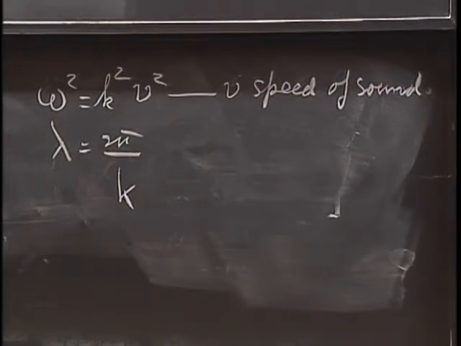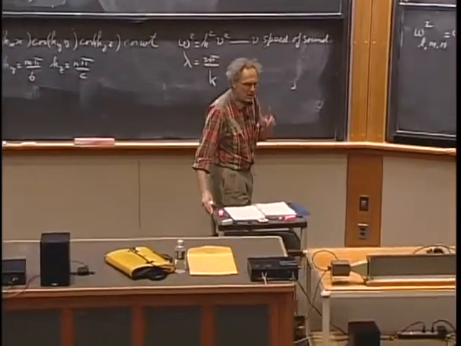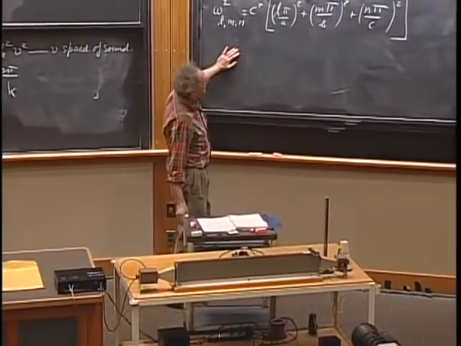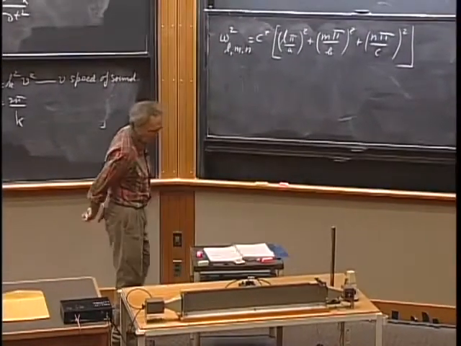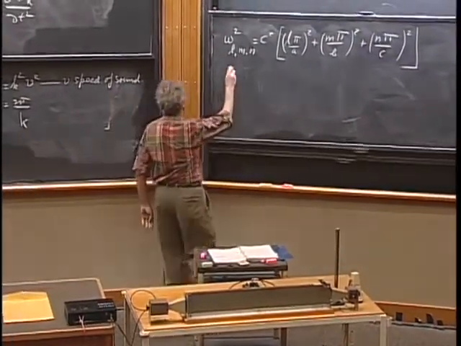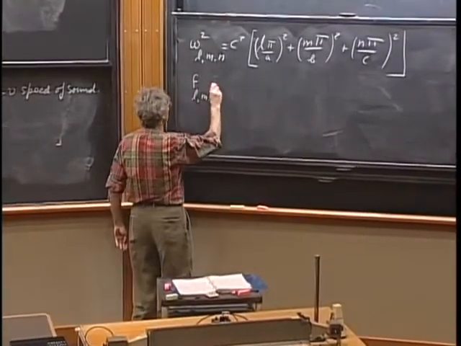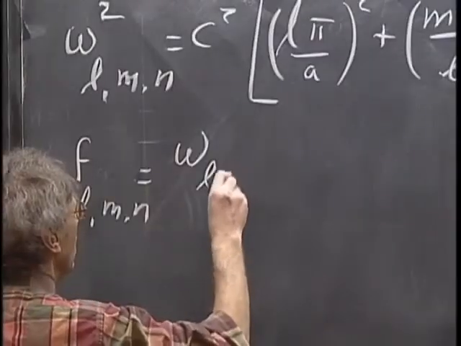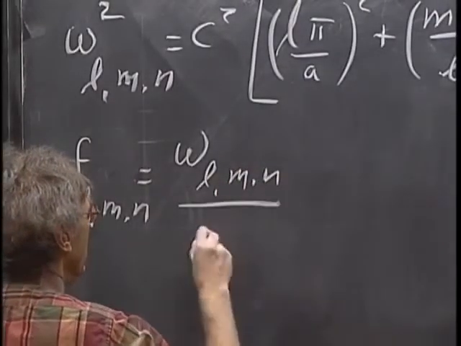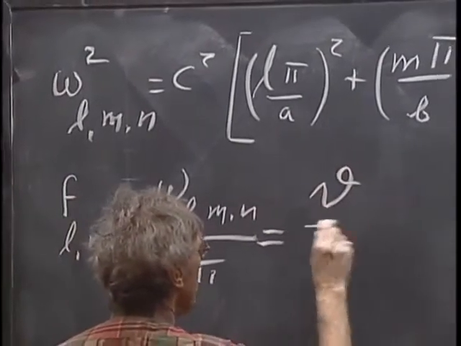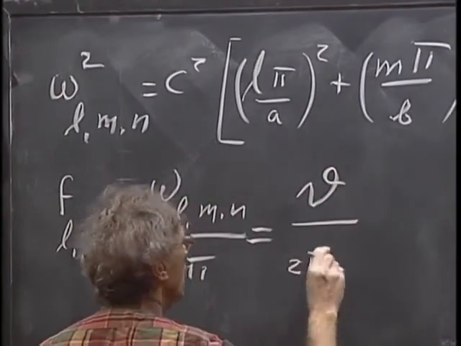I'm going to rewrite that equation on the blackboard in terms of frequency in hertz, because it's going to play a key role in the demonstration that is coming. So it is exactly the same result that you see here, but I'm going to write it now as f as a function of l, m, n, which is omega l m n divided by 2 pi, which is therefore v, the speed of sound, divided by 2 pi.